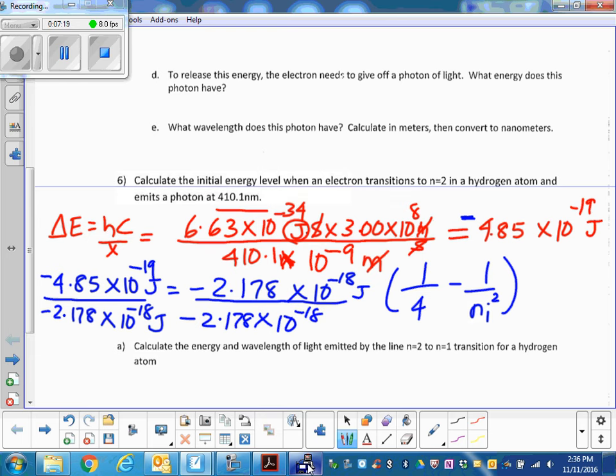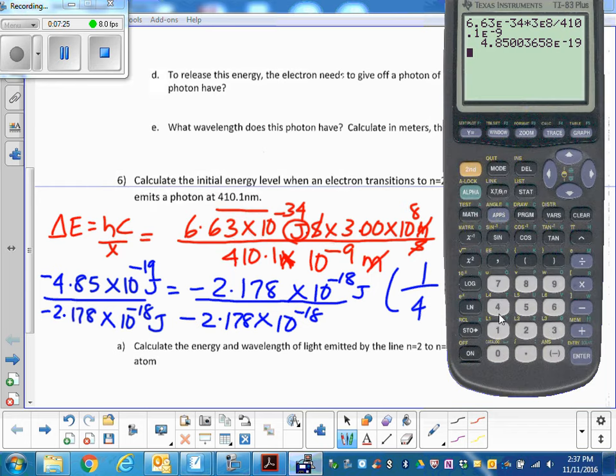If I plug that into my calculator, what do I get? 4.85 E negative 19 divided by 2.178 E negative 18.